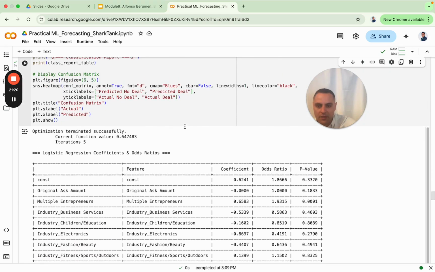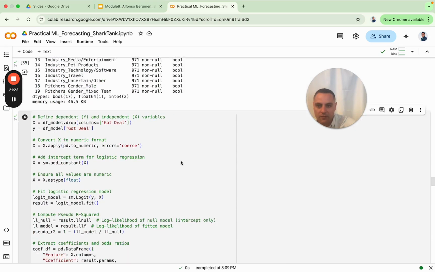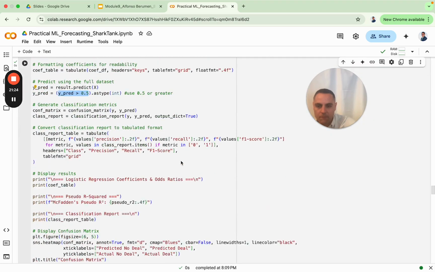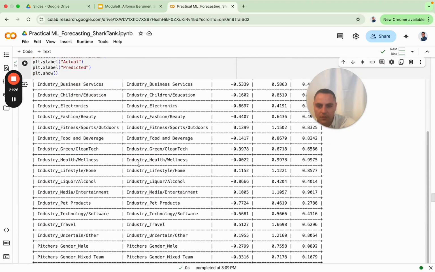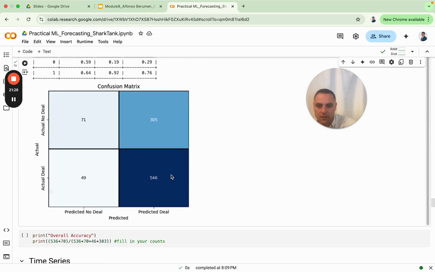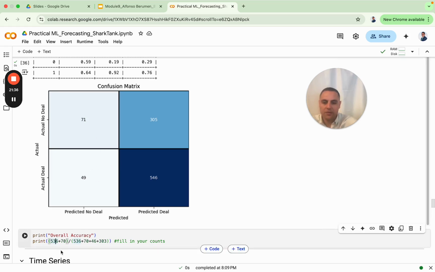And what we could actually do is evaluate the overall accuracy. In this case, I need to adjust my numbers. So 546 is the times I was right on the actual deals, and then 71 was the times I was right on the actual no deals.